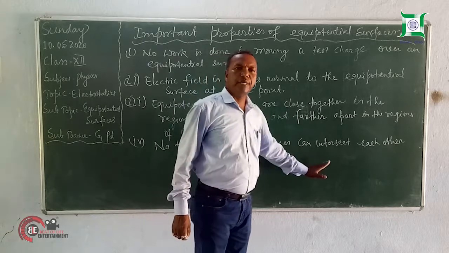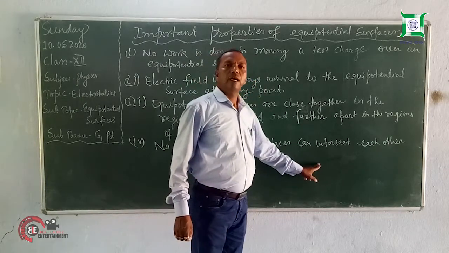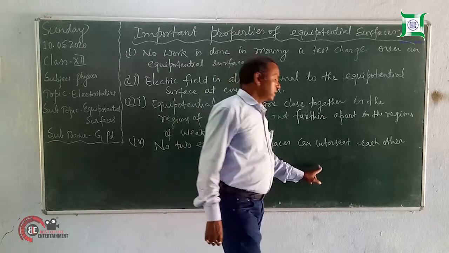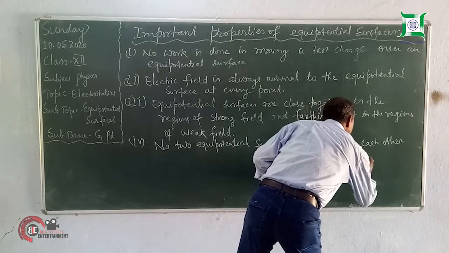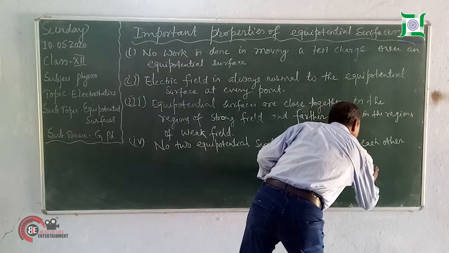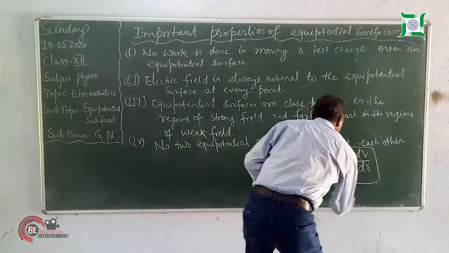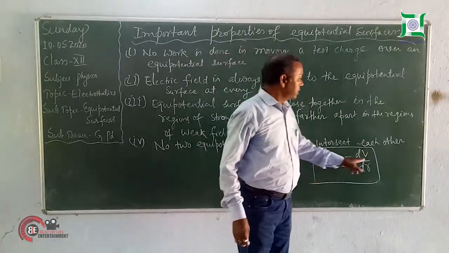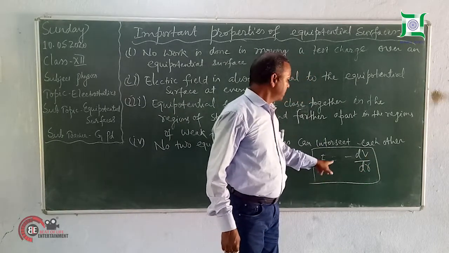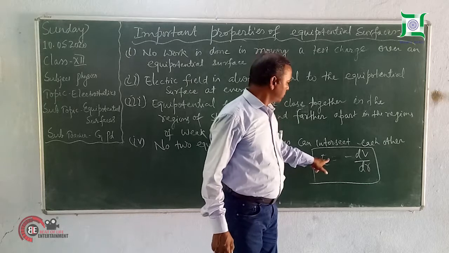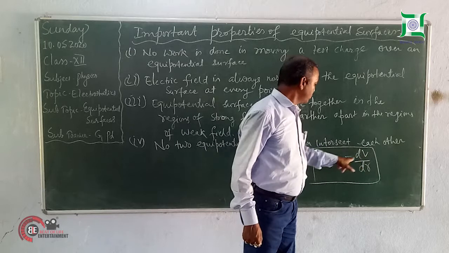We understand this. There is a relation between electric field and potential that is given by E is equal to minus dV by dr. This is the relation between electric field and electric potential, विद्युत क्षेत्र और पोटेंशियल के बीच का संबंध.